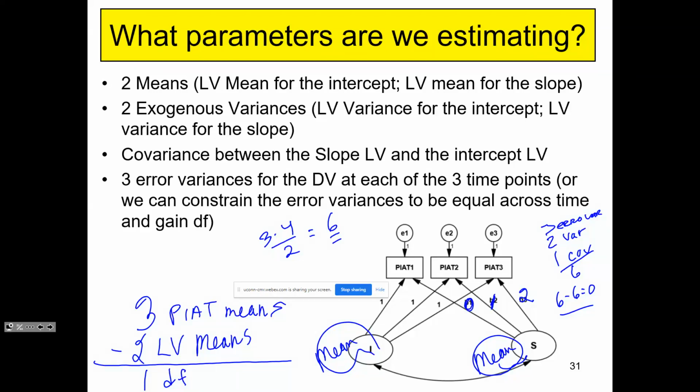It would be a silly thing to do. But the point is, you only have 3 pieces of information about means. You've eaten up 2 of them here. Because these 3 are constrained to be 0, you use 2 up here, but that leaves 1 left as a degree of freedom.